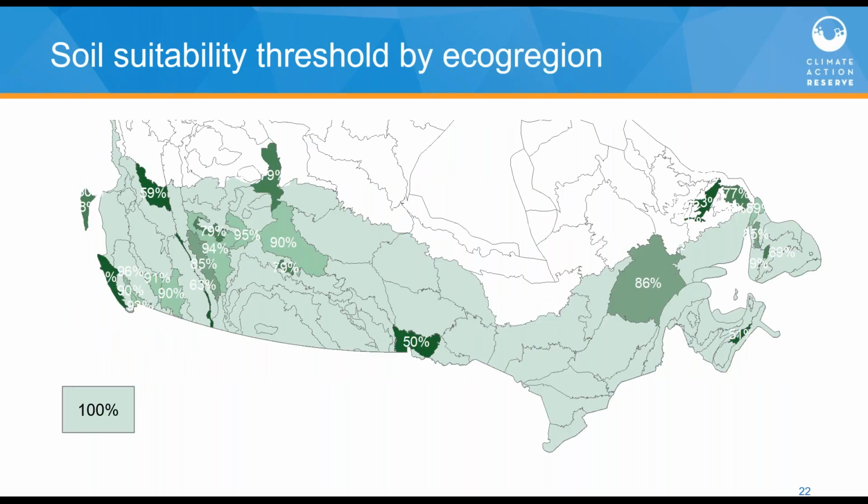So here's the map for you. All of the ecoregions that are in this sort of lightest green color and don't have a number, the threshold is set at 100%. So the entire project area would be class 1 through 4 soils.